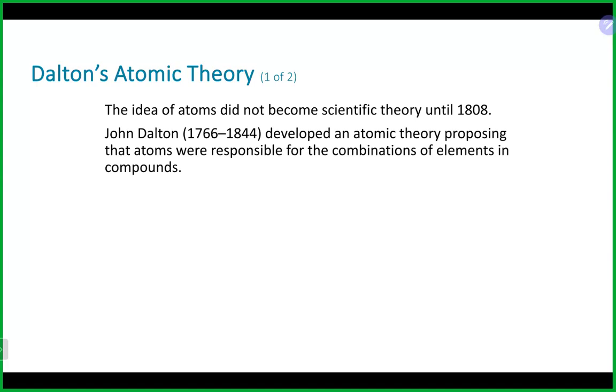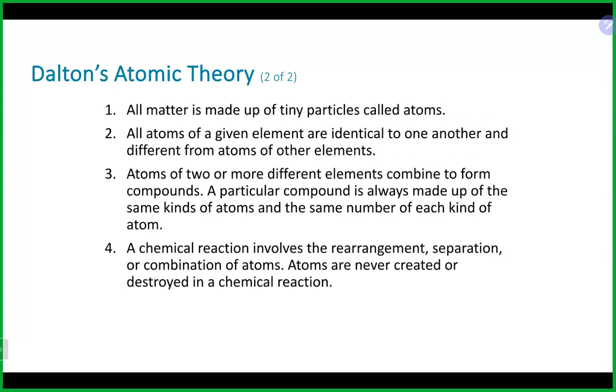There are certain parts of it that, over time, based on experimentation, were found to be not so true. And there are some parts that are definitely still true. So let's take a look at some of the important aspects of Dalton's atomic theory. He thought that all matter is made up of tiny particles that are atoms. All atoms of a given element are identical to one another, and different atoms of different elements are different from one another.